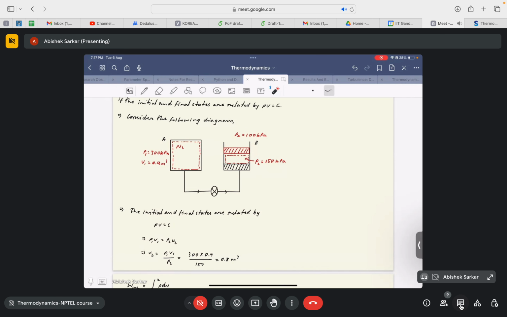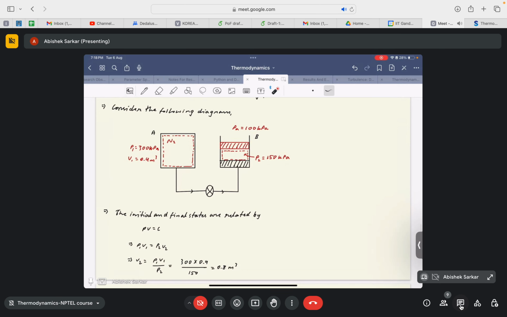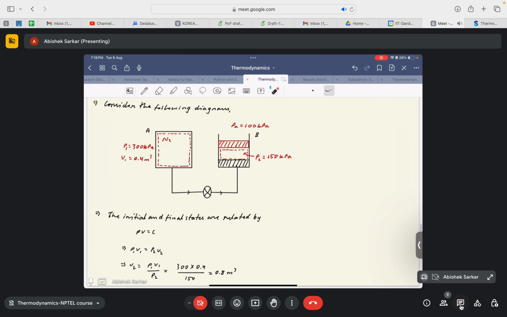Okay. So what happens is that initially the pressure was at 300 kilopascal. Once the valve is opened, the nitrogen from the chamber A goes to the piston cylinder mechanism at B. Since the number of nitrogen molecules in the chamber reduces, the pressure in the chamber will also reduce, and the pressure in this chamber will increase up to 150 kilopascal, because it is after 150 kilopascal only that the piston will start to move, okay.